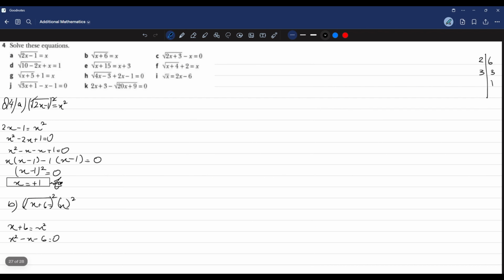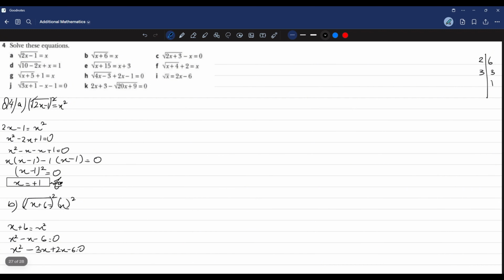So we have to use 2 and 3. So x squared minus 3x plus 2x minus 6 is equal to 0. What are we going to do next?